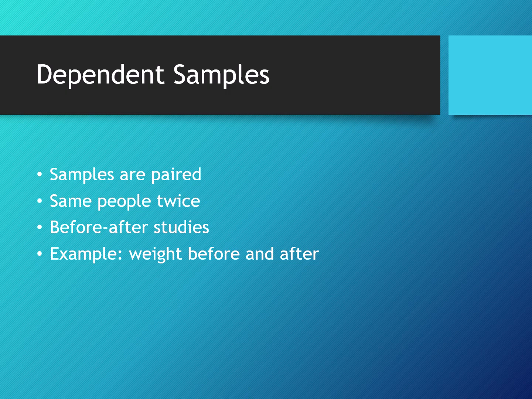Dependent samples. Dependent samples are also called paired samples. Here, the same individuals appear in both samples. Usually we measure something before and after.